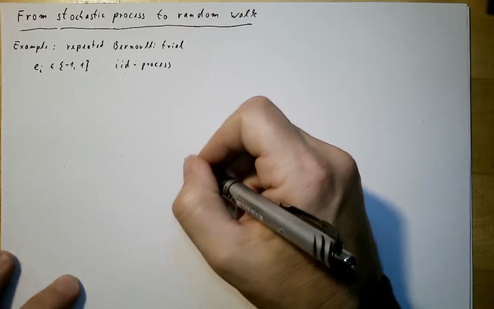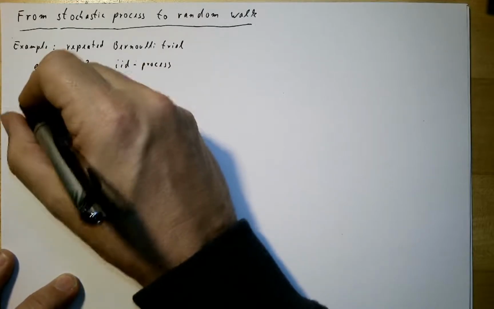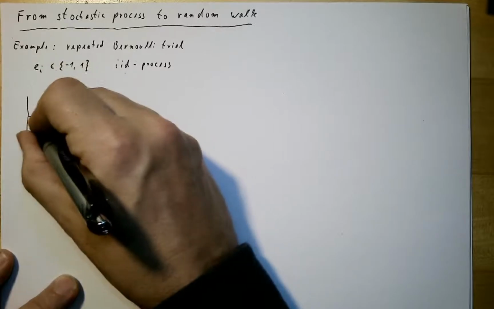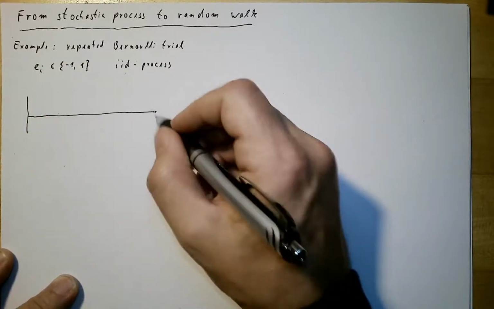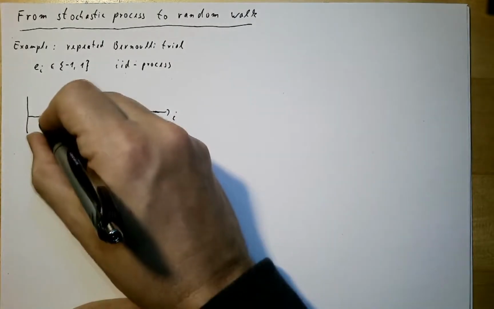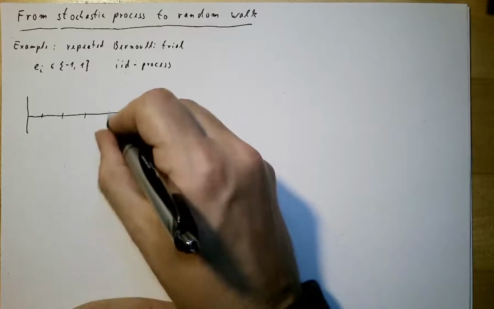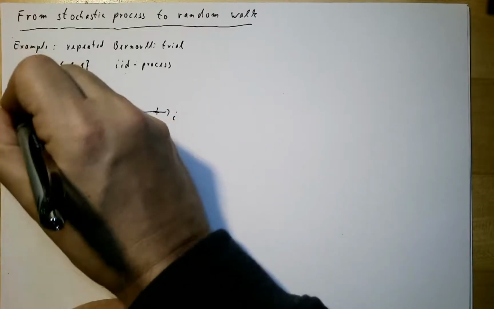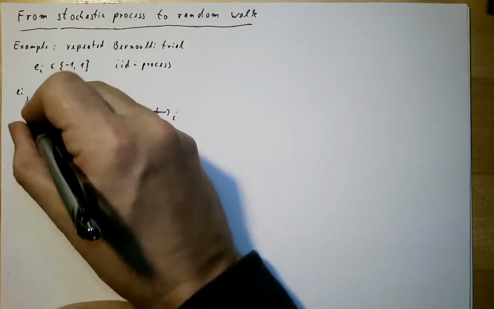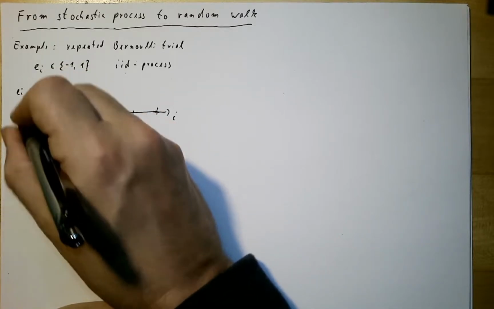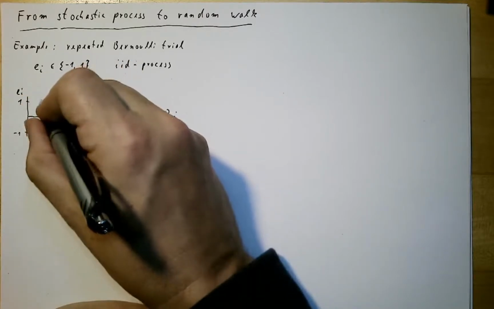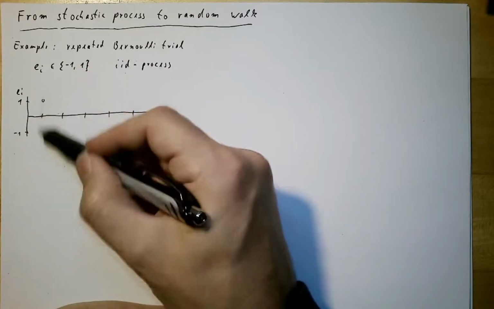And so from this process we can visualize this in the form of a time series. So here we have our time index i. We have 1, 2, 3, 4, 5, 6, 7, and so on. Here we have the e_i, and at every time point we have this Bernoulli trial, so it's either +1 or -1.